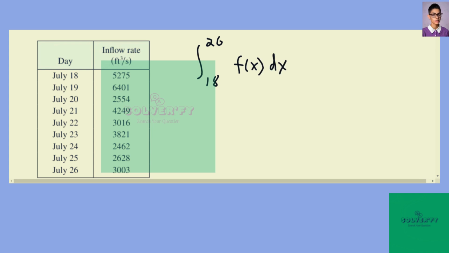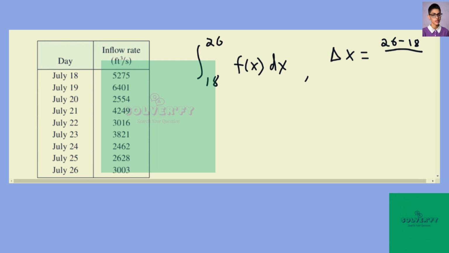All right, here we want to find our change in x, which would be our b, which is 26, minus our a, which is 18, over our n.